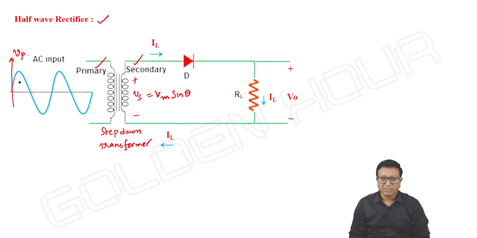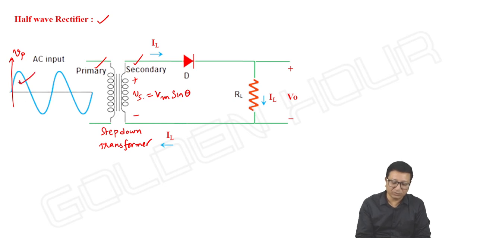V primary, and how is it working? Okay, so if you take this during the positive half cycles of the input voltage, what happens? The anode of the diode is connected to positive terminal and the cathode is connected to the negative terminal.